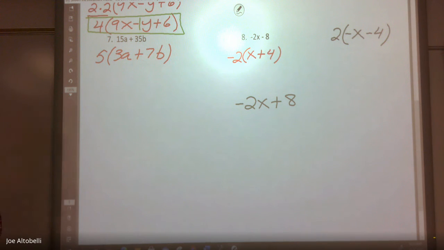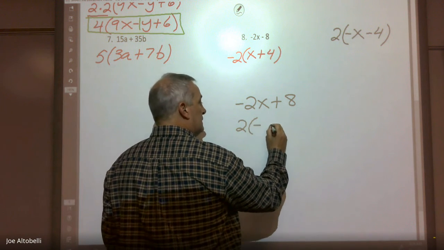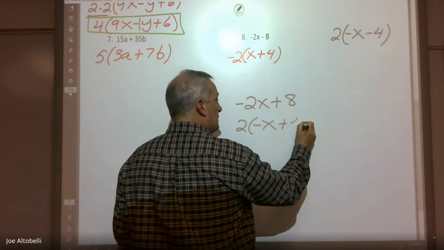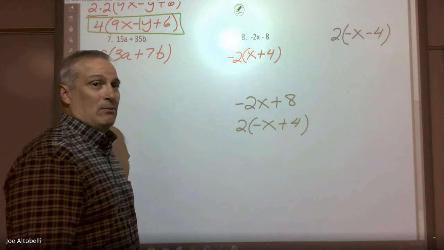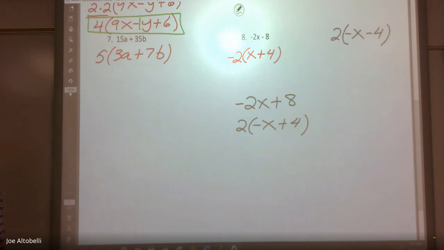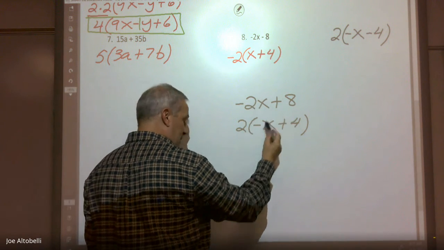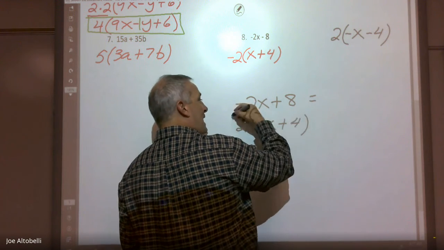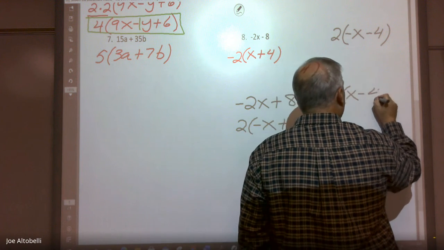I don't remember in IXL if they would mark this wrong, because this value is negative. So whoever does it first, if you get it wrong, let us know, and I'll make sure I remind everybody, because you can still factor a -2 out of here, okay? And when you factor the -2 out, it'll be -2, and then it'll be x minus 4.